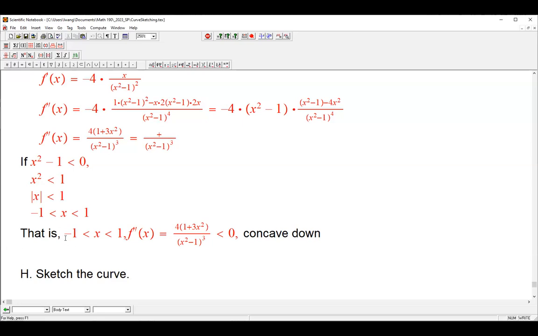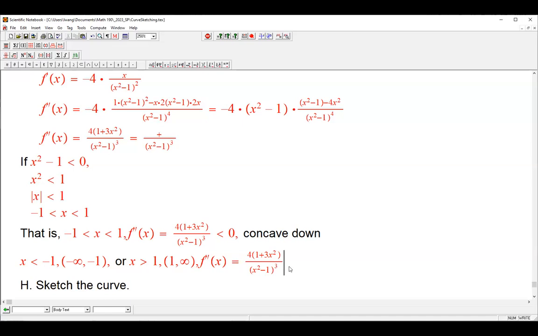On the other hand, on the interval from negative infinity to negative 1, or from 1 to positive infinity, that is, when x is less than negative 1 or x is larger than positive 1, x squared minus 1 will be positive.